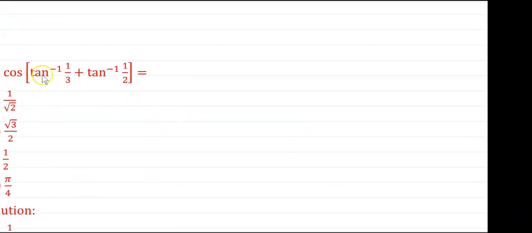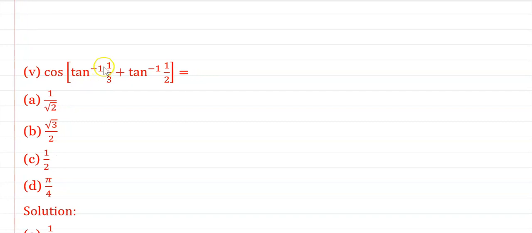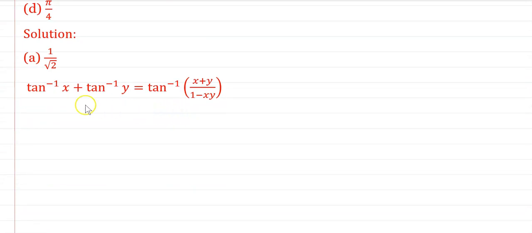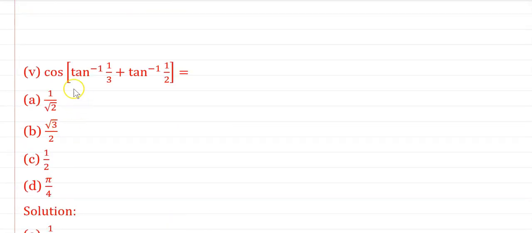Now the next, cos of tan inverse of 1 by 3 plus tan inverse of 1 upon 2. Okay. Now here we will apply the formula tan inverse of x plus tan inverse of y is equal to tan inverse of x plus y upon 1 minus x into y. Now we have here tan inverse of 1 by 3, so you will get tan inverse of 1 by 3 plus 1 upon 2, upon, what will the denominator be?